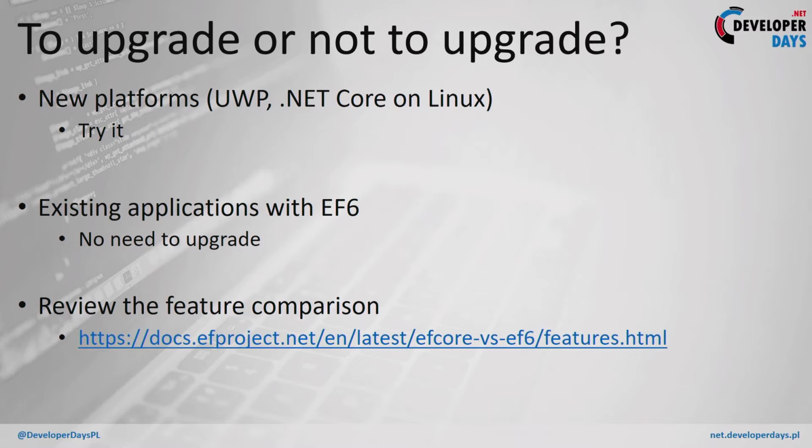So, the question: to upgrade or not to upgrade. If you want to use new platforms like the Universal Windows Platform, or you want to play with ASP.NET Core on Linux or Mac or any other platform, try it, because it works for simple scenarios.